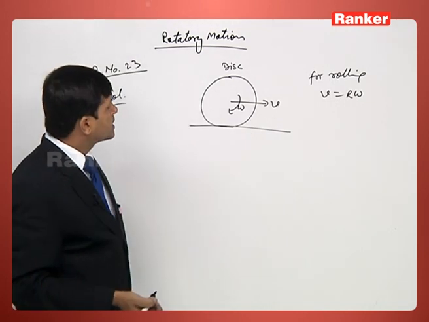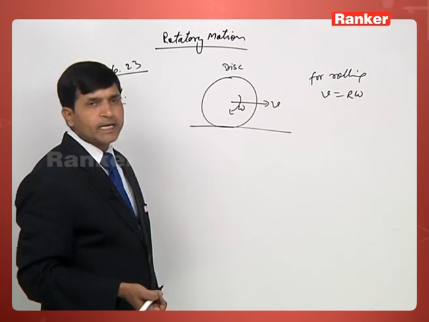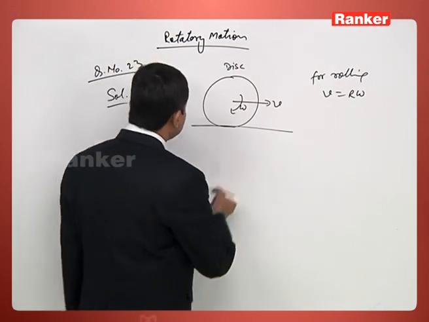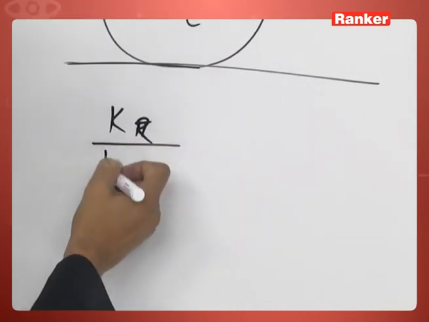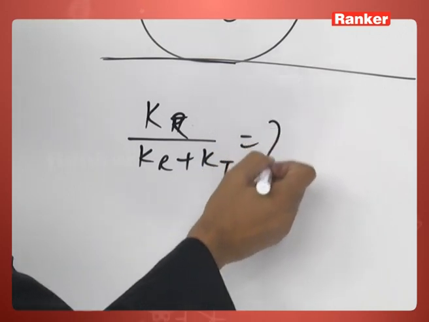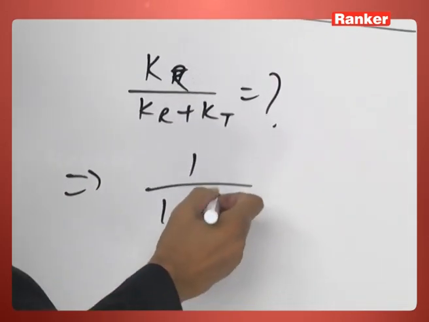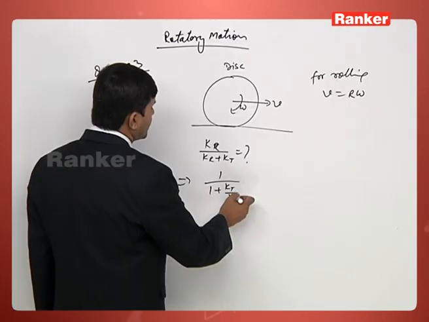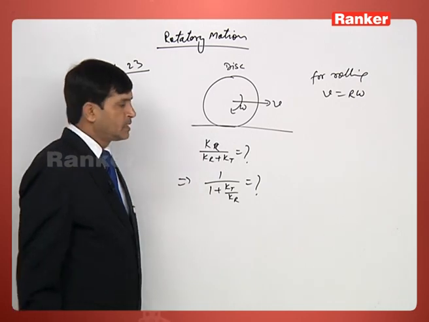So they are asking the fraction of rotational kinetic energy. It means we have to find K rotational by K rotational plus K translational. So this we can say 1 by 1 plus K translational by K rotational. This we have to find.